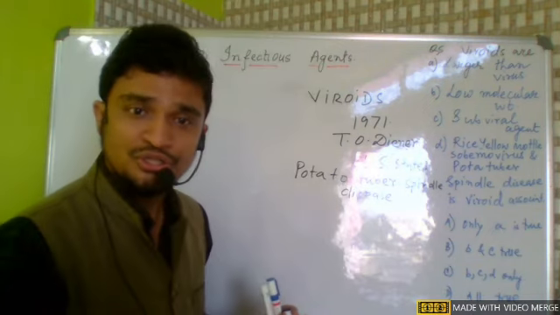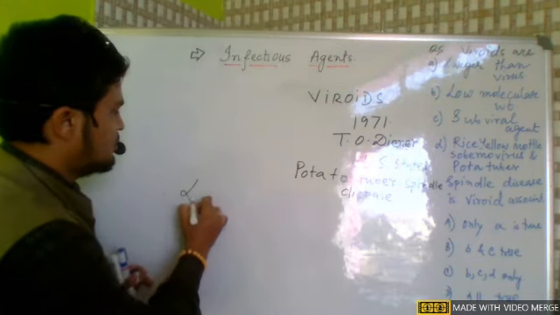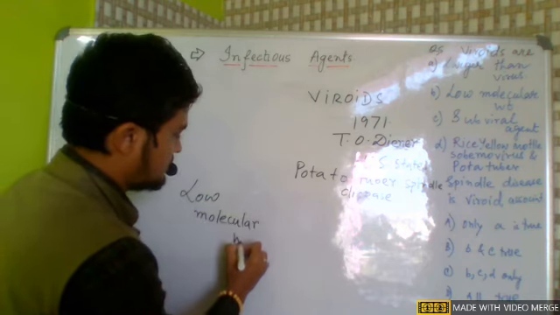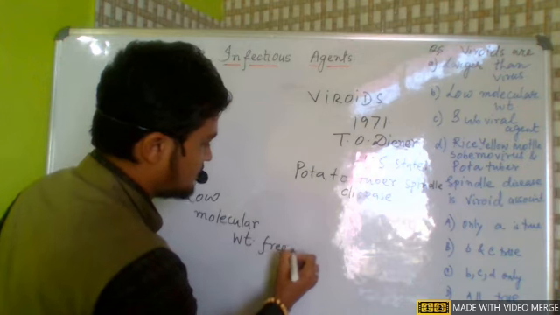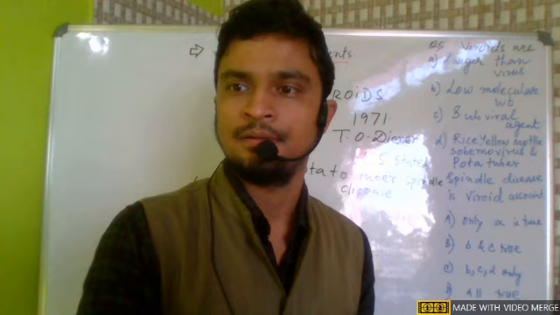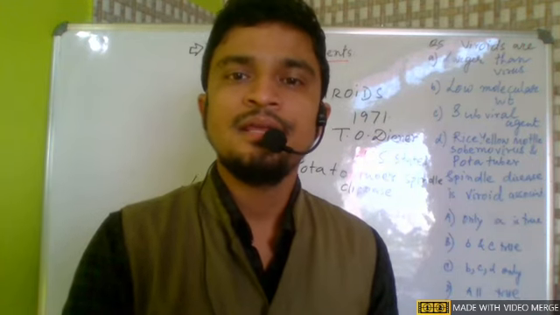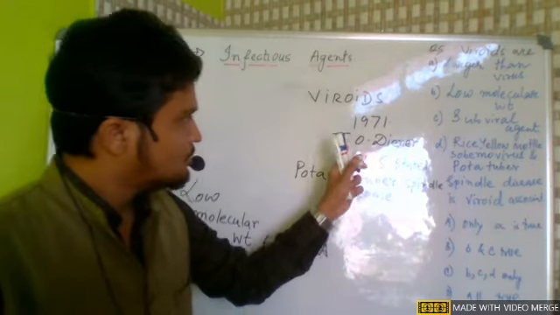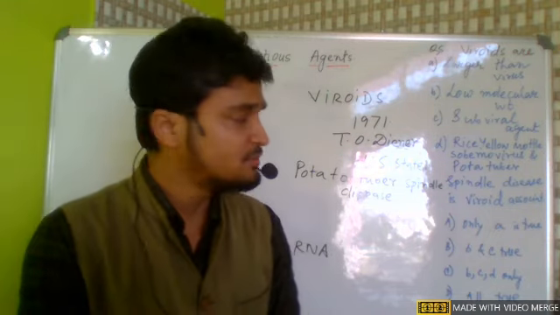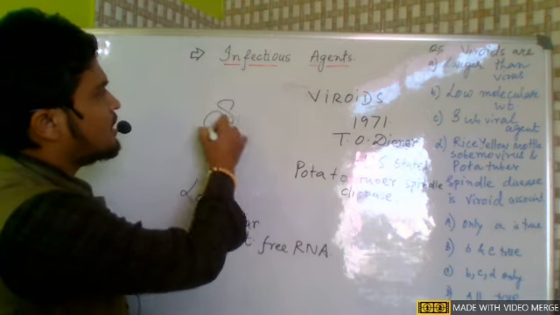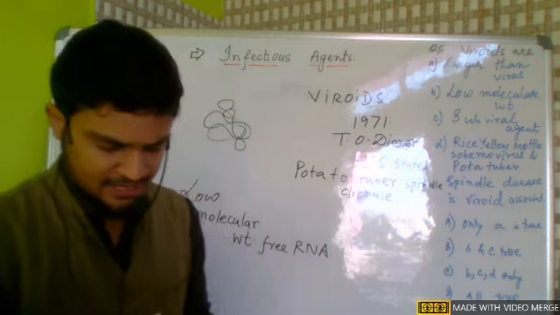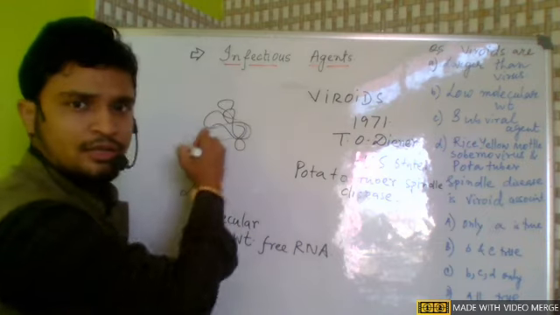So what was the causative agent? It was low molecular weight free RNA. His full name was Theodore Otto Diener. He assumed that there are free RNA molecules that can cause disease, and importantly, there is no protein coat around it.